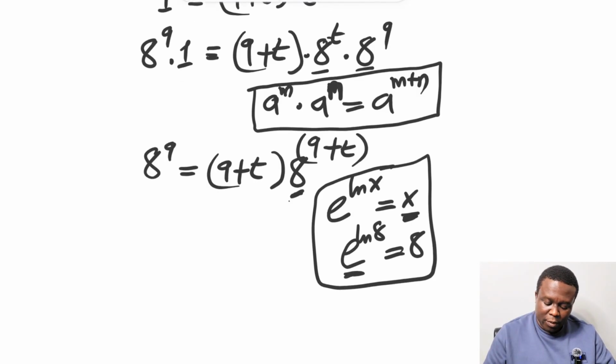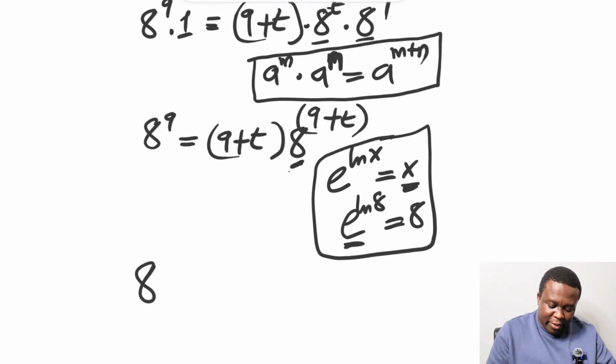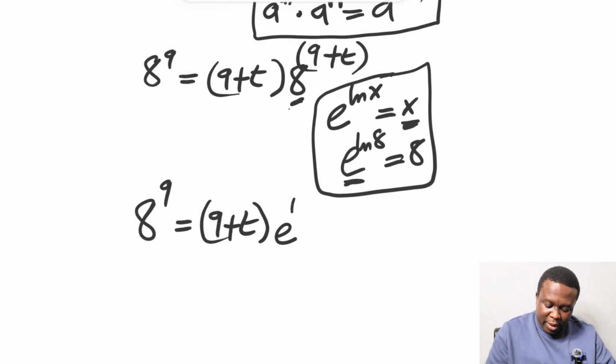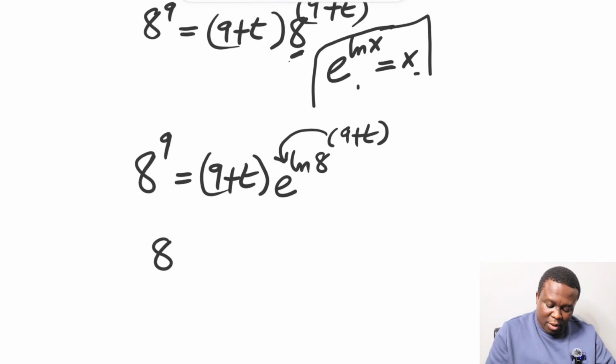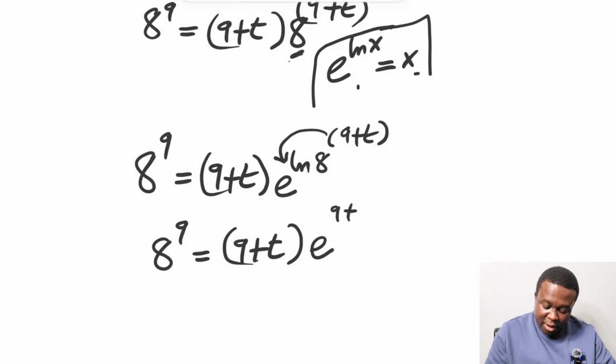Now, we have 8 raised to the power 9 equal to 9 plus t, e raised to the power ln of 8, raised to the power 9 plus t. Or 9 can come down here and becomes 8 raised to the power 9, 9 plus t, e raised to the power 9 plus t, ln of 8.